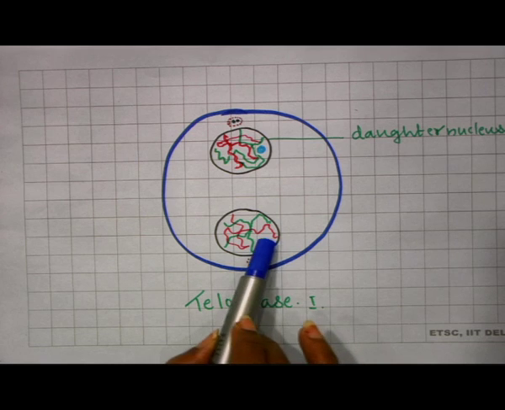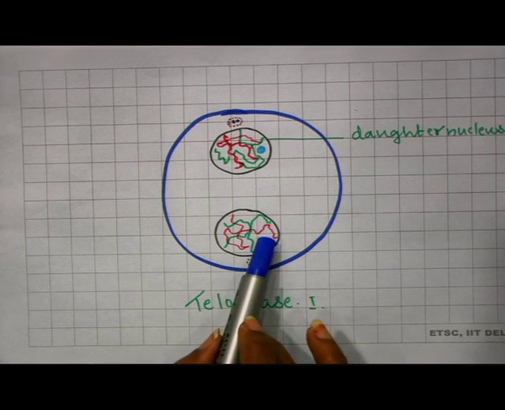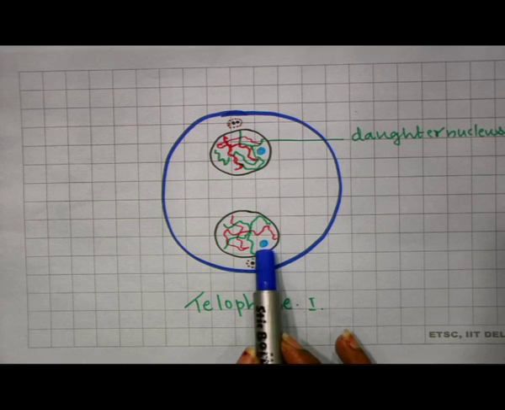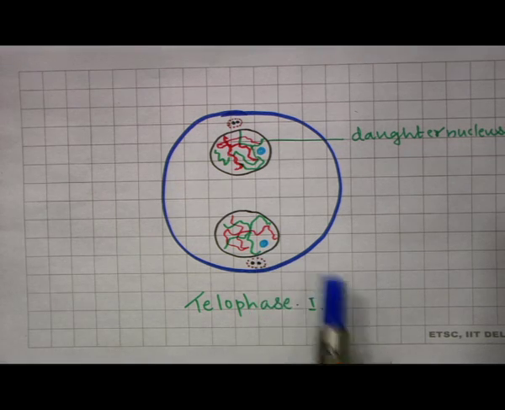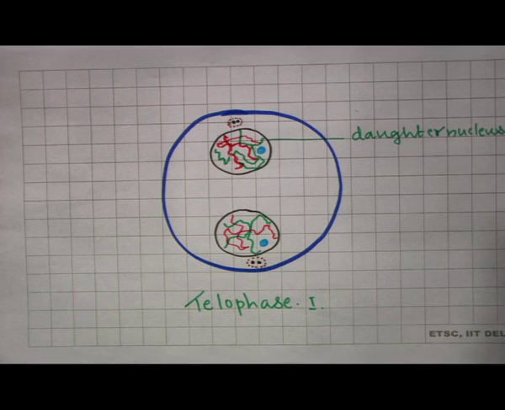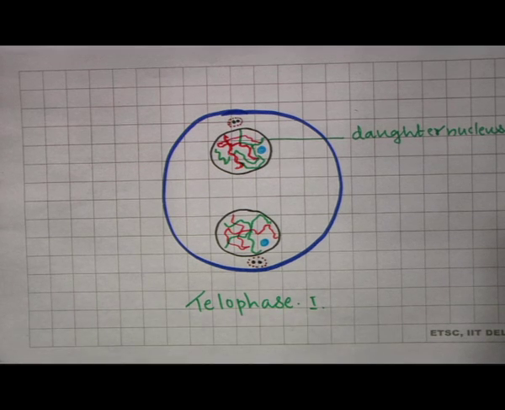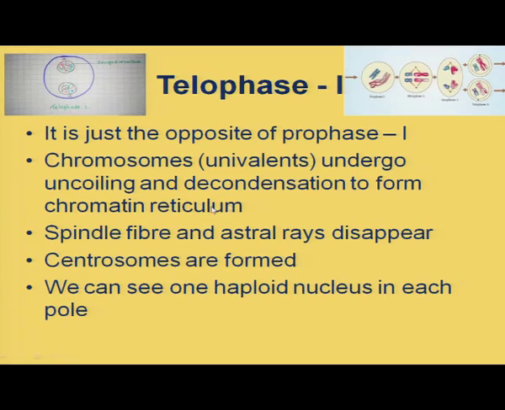Now, in this stage again the nucleolus reappears and here only the centriole will disappear. So, coming to the different points, chromosomes or univalents undergo uncoiling and decondensation to form the chromatin reticulum.